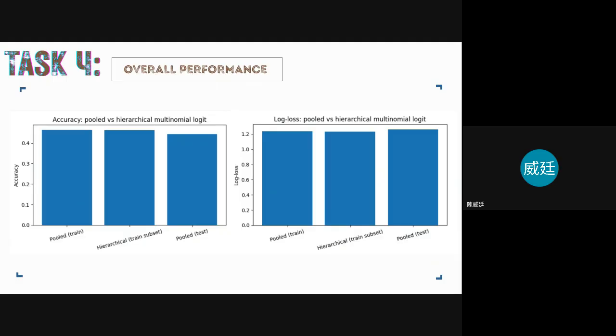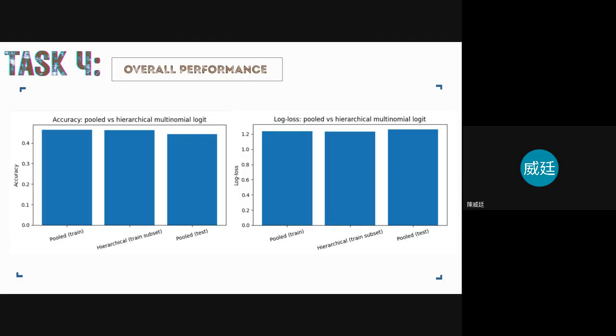In the accuracy plot, we see the pooled model on training data has accuracy around 0.45. The hierarchical model has very similar accuracy. On the independent test set, the pooled model still has accuracy around 0.44. And in the log loss plot, all 3 bars are also very close, around 1.2.